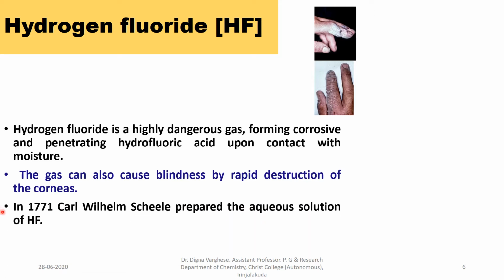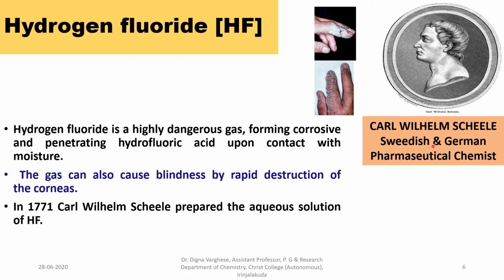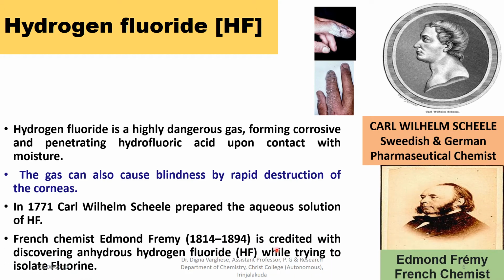In 1707, Carl Wilhelm Scheele prepared the aqueous solution of hydrogen fluoride. Carl Wilhelm Scheele was a Swedish and German pharmaceutical chemist. The French chemist Edmond Fremy is credited with the discovery of anhydrous hydrogen fluoride while trying to isolate fluorine.